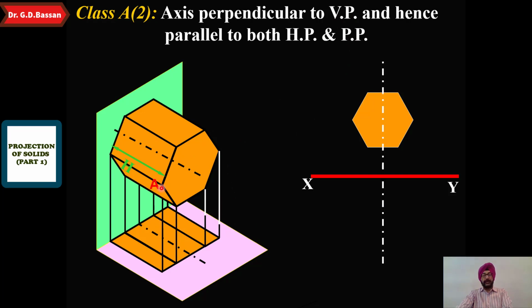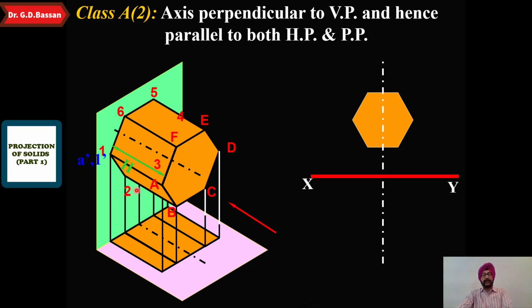So in the front view, this is A, B, C, D, E and F. This is the front base of the prism, and this will be the corresponding rear base of the prism, 1, 2, 3, 4, 5, 6. Now as we see from the front side, A and 1 will be merging here, so you are getting A dash 1 dash on the vertical plane as a single point.